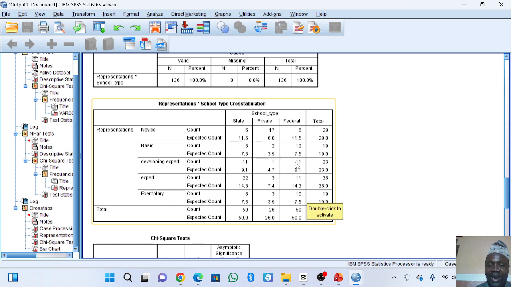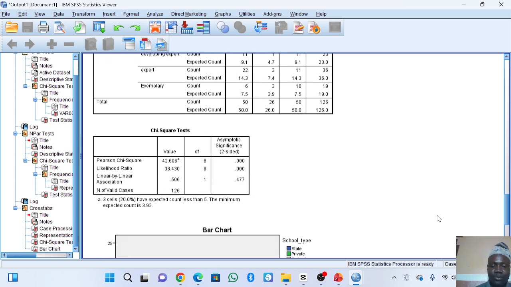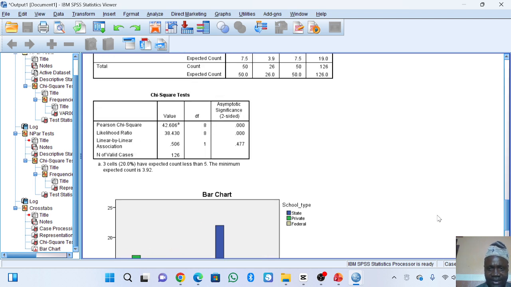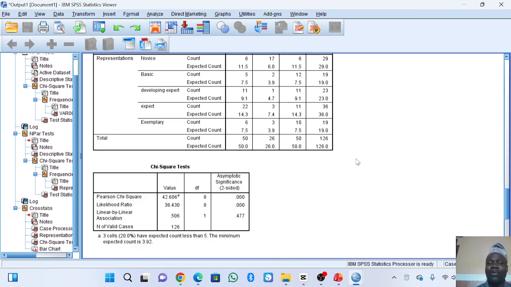But you discover that in all cases, we have more people from federal institutions providing expert explanations and exemplary explanation. As a result, we can say that the people in the federal institutions provided more expert and exemplary explanation compared to those in the state.